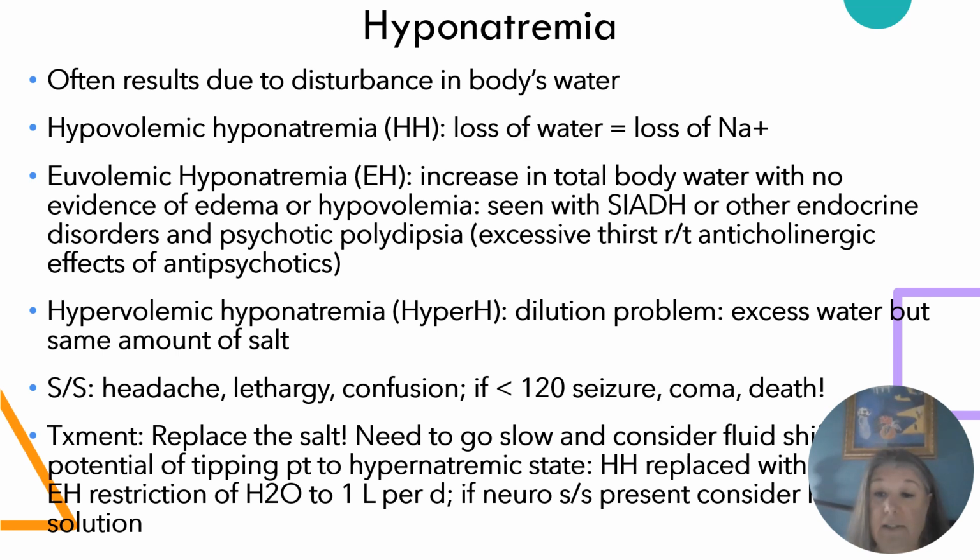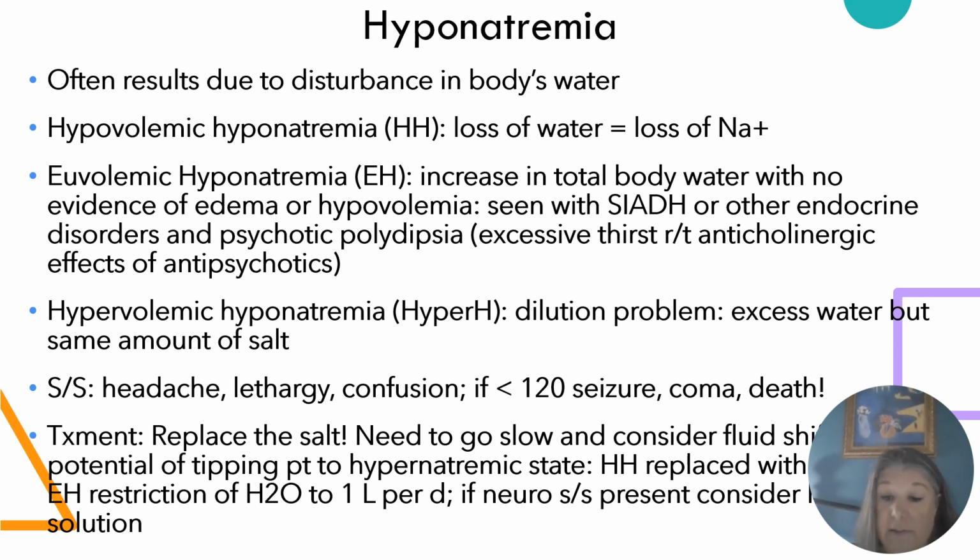So with hyponatremia, we're going to see weight loss, orthostatic hypotension, tachycardia, and other signs and symptoms: headache, lethargy, confusion. If your sodium drops below 120, we worry about seizure, coma, death.